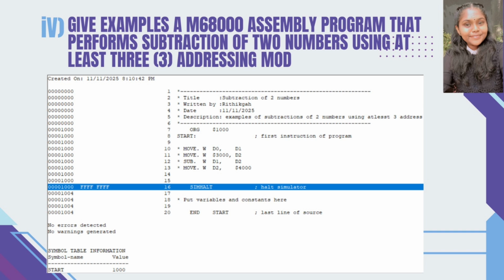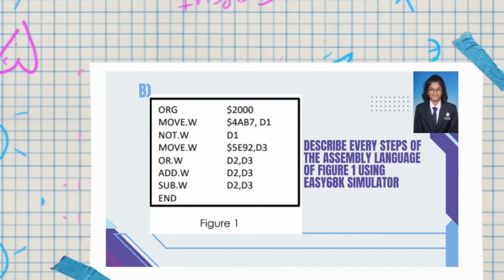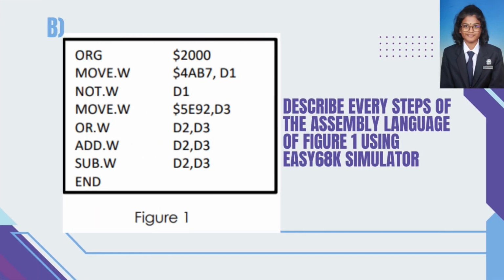Then, SIMHALT stops the program execution and finally END START marks the end of the program. So overall, this program subtracts the value in D1 from 3000 hexadecimal and saves the result in memory at address 4000 hexadecimal.